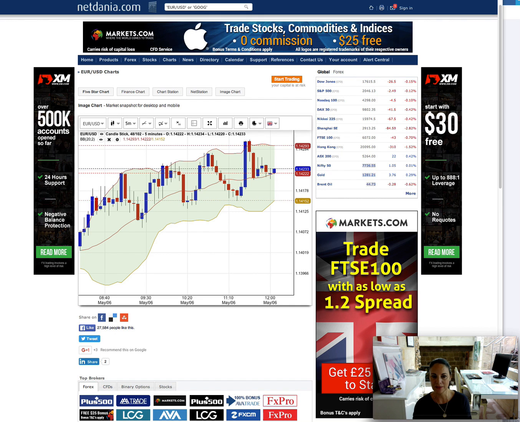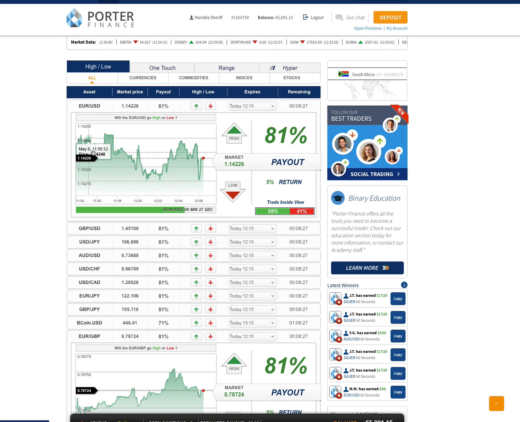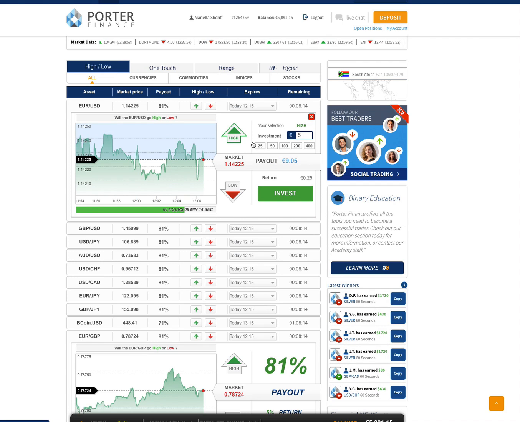will take the trade. Okay, here we are on our Porter Finance platform, and so we are going to take one high. This is expiring in the next 10 minutes, so we are taking a high for 50 euros, and that is for the next 10 minutes.